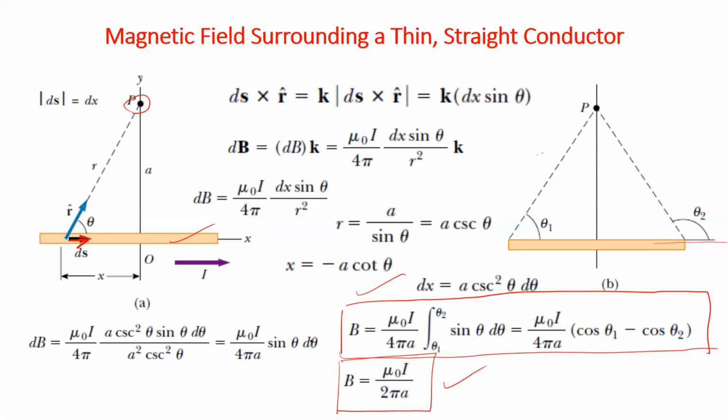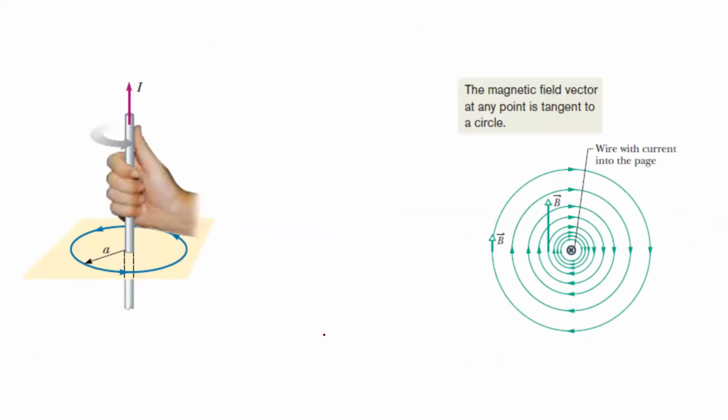So by putting this right hand thumb rule, we can see that whenever there is a current carrying conductor like this, a straight rod, let us consider that is a straight current carrying conductor. And whenever from our right hand, we put the thumb in the direction of the current and we curl our four fingers, we hold the current carrying conductor like this, so what is the direction of magnetic field?